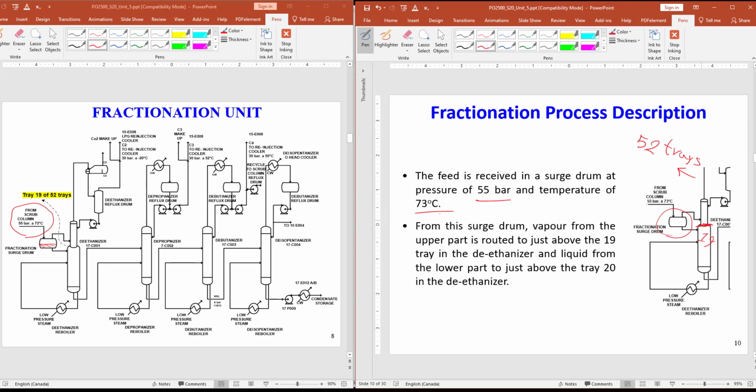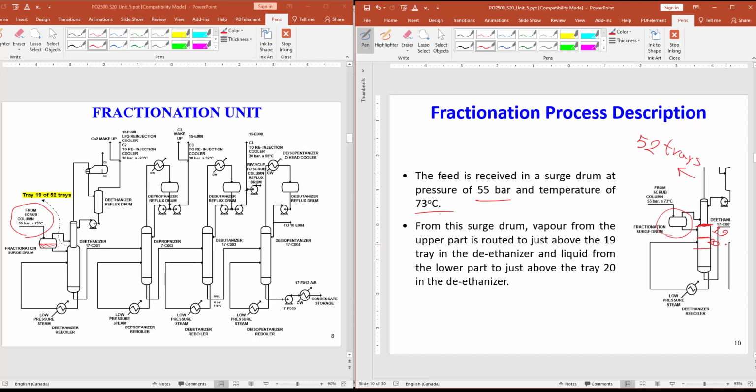Tray number 1, 2, 3, 4, 5, up to 19, and then we have 20 here. Let me clean it a little bit. So this is your 19, this is your 20. We send the vapor part just above tray number 19, and we send the liquid just above tray number 20.